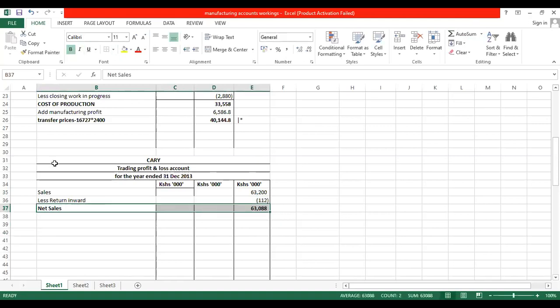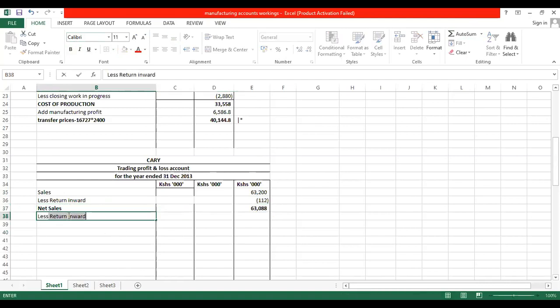Next, what do we have? We less cost of sales. You need to be very keen. Here we want to calculate the cost of sales, and calculating cost of sales begins with opening inventory or stock. What was the amount of opening inventory?